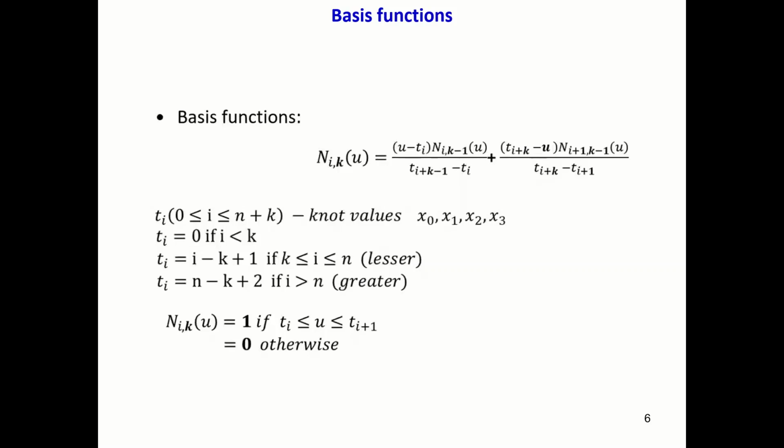When i is less than k, the t_i value will be taken as 0, and when i lies between k and n, then t_i is substituted as i minus k plus 1, and if i is greater than n, then we take t_i as n minus k plus 2, as we have seen from the previous slide, meaning N_i,0(u) equals 1 if u lies between t_i and t_i+1, and it is equal to 0 otherwise.